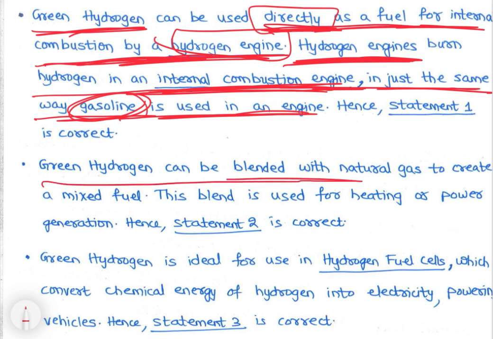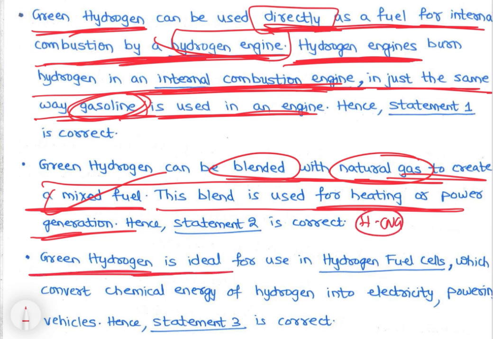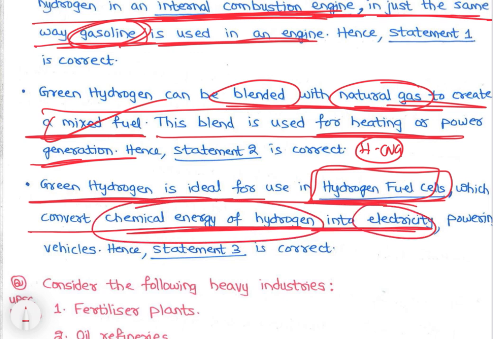Green hydrogen can be blended with natural gas to create a mixed fuel. This blend is used for heating or power generation. Example is HCNG, right? Then green hydrogen is ideal for hydrogen fuel cells, which convert chemical energy of hydrogen into electricity, right? Powering vehicles, right? Basically hydrogen vehicles में hydrogen fuel cells ही use हो रहे हैं, right? So that is the thing.